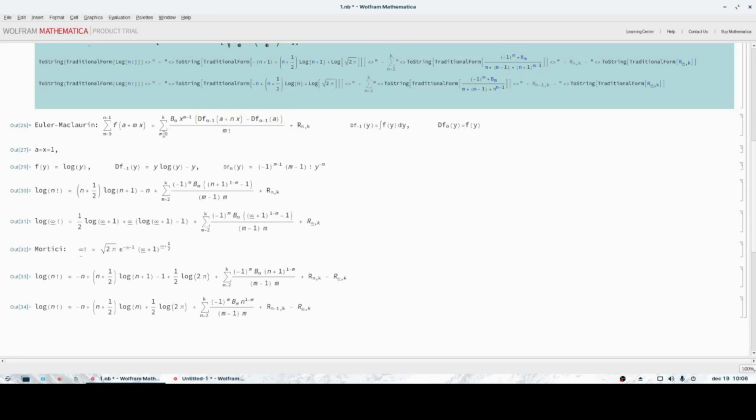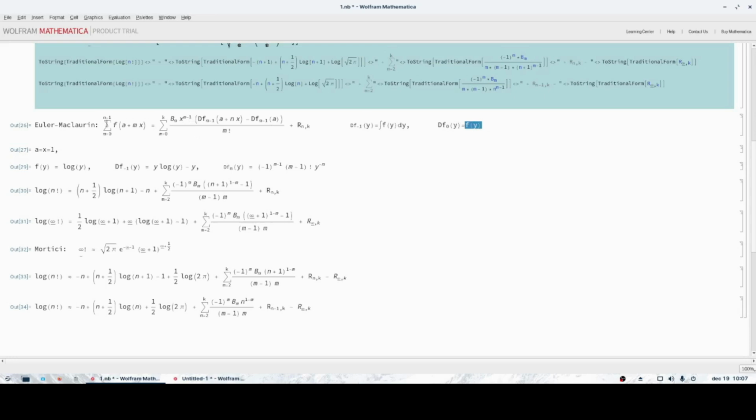Here this sum I put to be from 0, which means that m minus 1 is minus 1. The minus 1 order derivative is the antiderivative. So we need to calculate integrals here. The 0th order is the function itself.